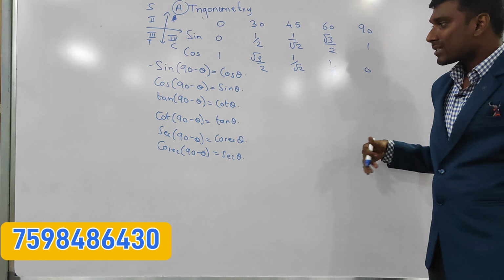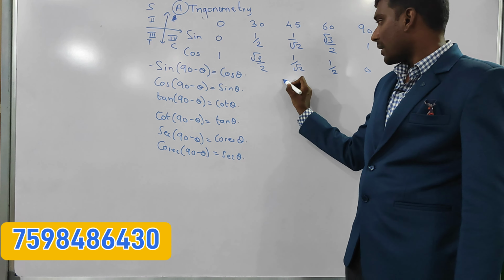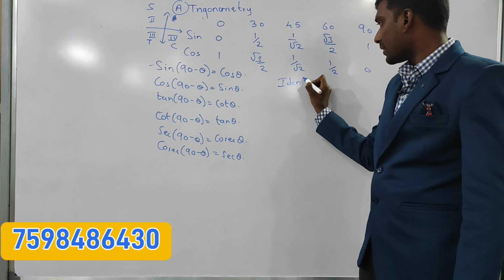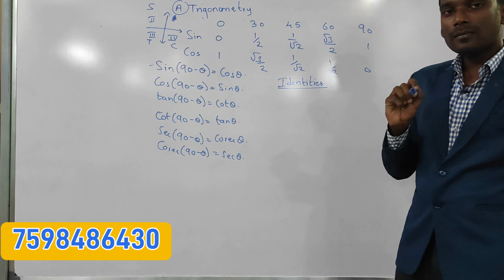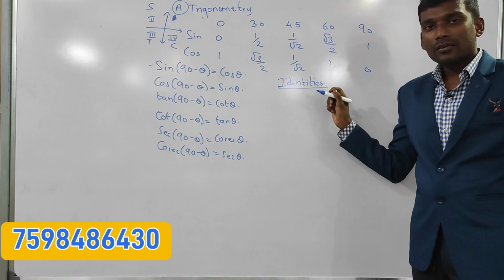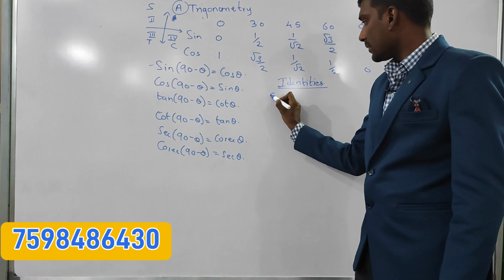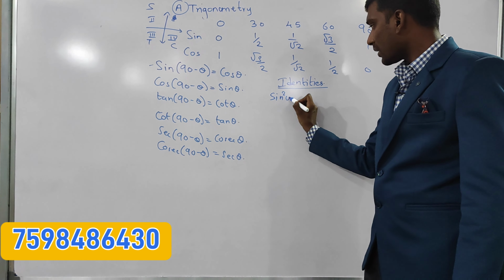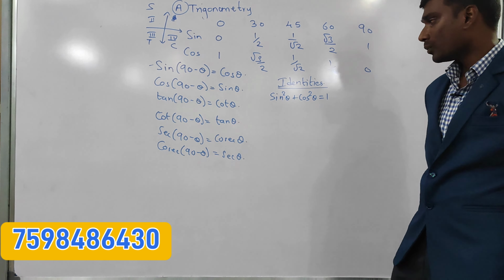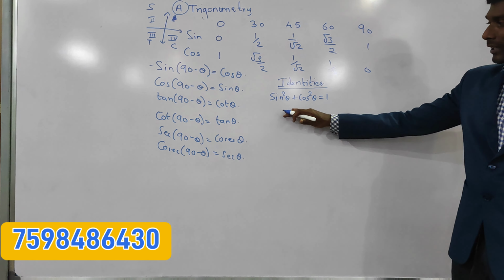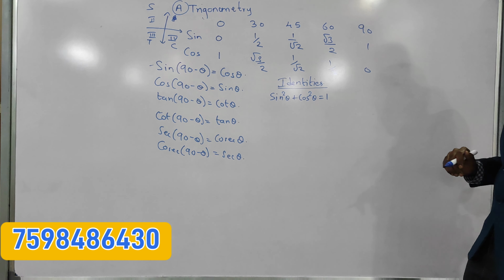Okay, now let us try to go and understand another chapter, that is identities. Okay, identities. Now we have 3 important identities. Let me write the first identity, that is sin square theta plus cos square theta is equal to 1.